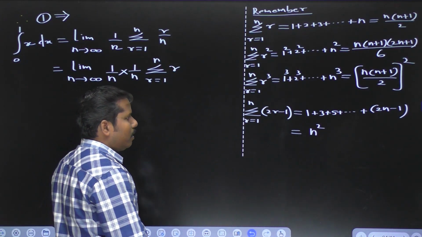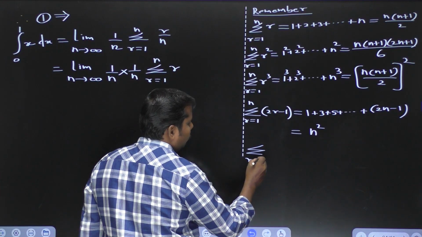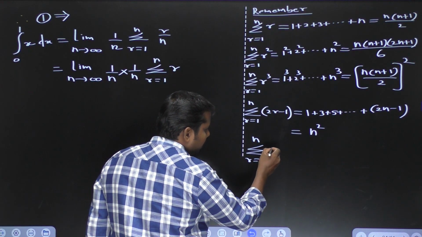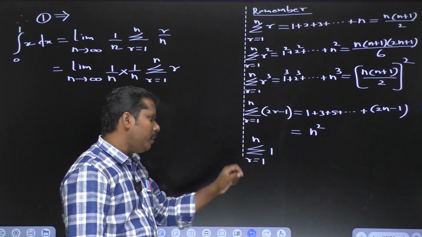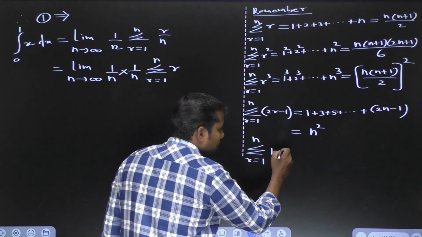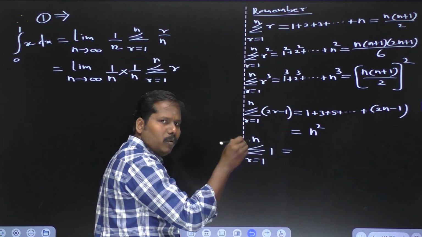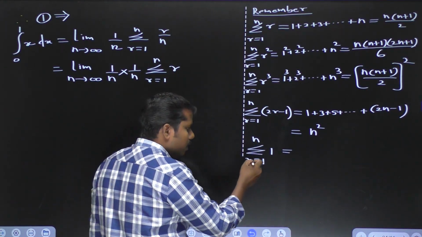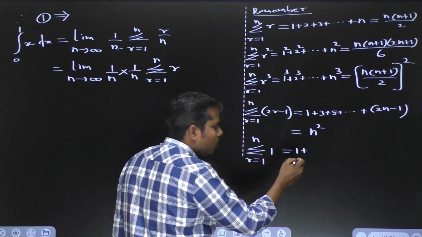Okay, sometimes we may have a situation like this. Summation ranges over r from 1 to n, of 1. Simply you will be getting 1 here, which means the interior is independent of r. Whatever the value you give for r, output will be remaining 1, 1, 1 like that. So when you give r equal to 1, 1. When you give r equal to 2, again 1.